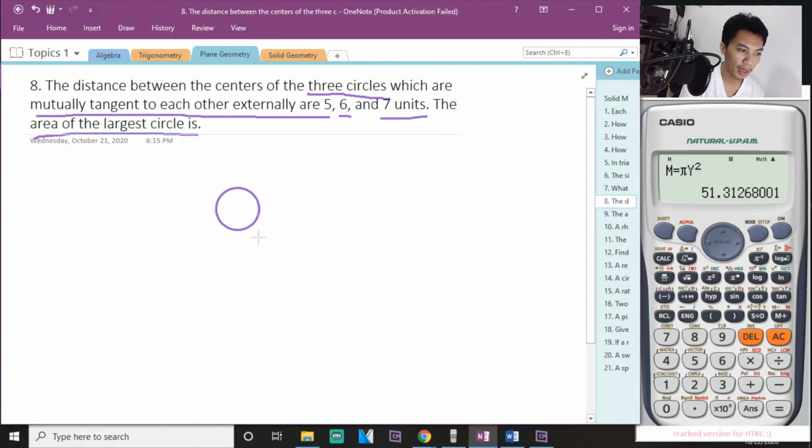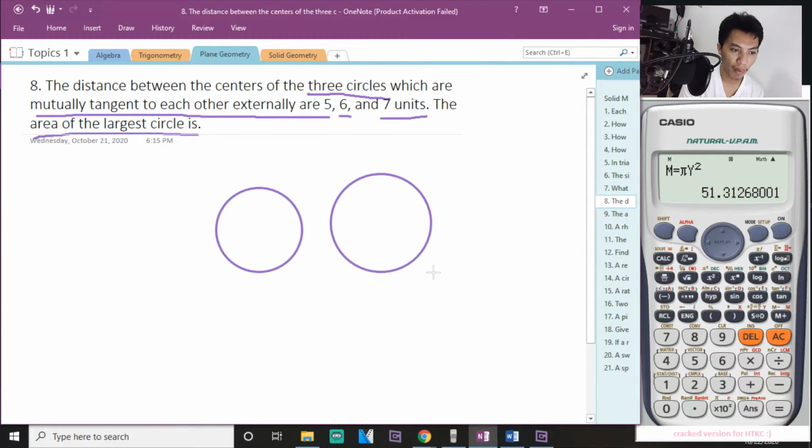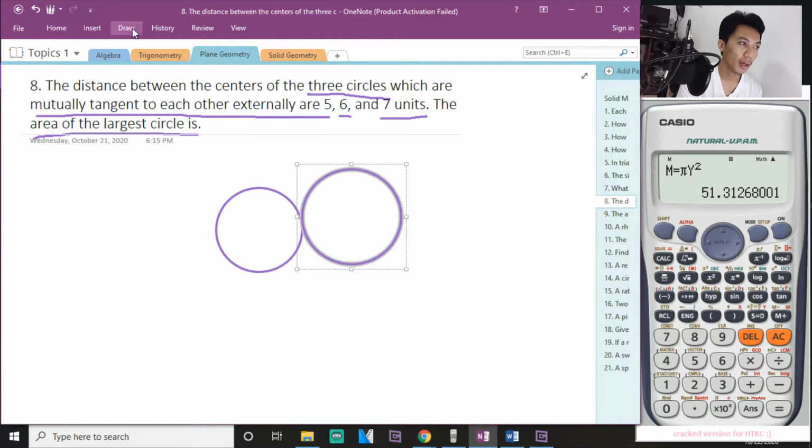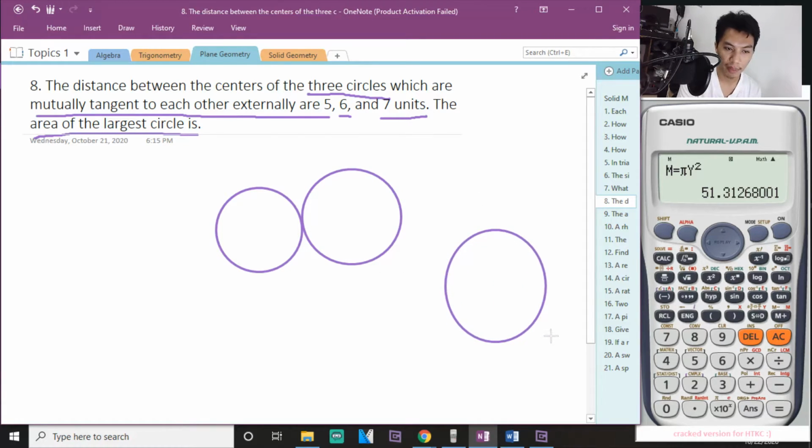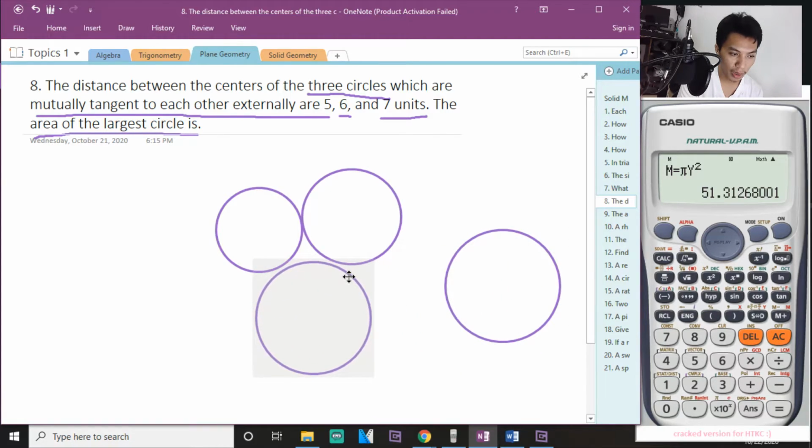So, circle 1. Tapos, drawing ulit. Circle 2. Malaki ng konti. Mutually tangent. O, isa lang magta-touch. O, yan. And then, draw ulit tayo ng isa pang circle. Mas malaki ng bahagya sa dalawa. O, yun. So, dikit natin sila.